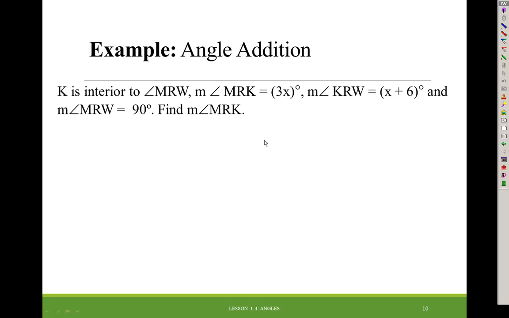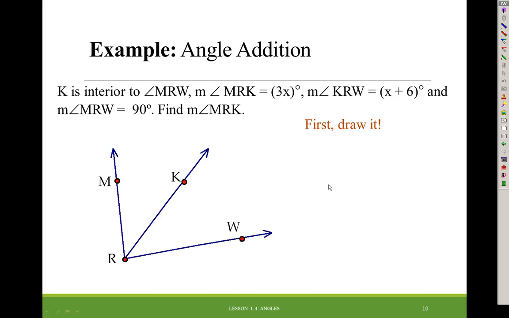Well, let's draw that. I know I have an angle MRW, so we'll draw that. And then K is in the interior of it. I have angle MRW, K is in the interior of it, and then we'll draw ray RK to make that middle side of the angles. Now we'll label the pieces.